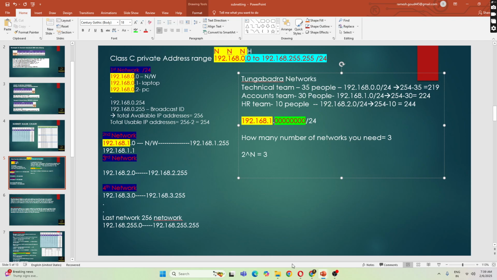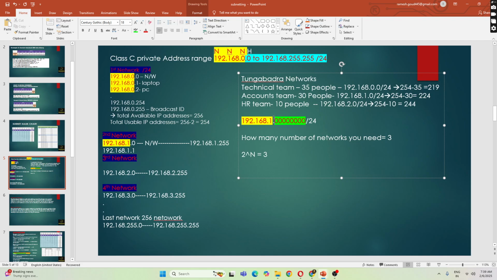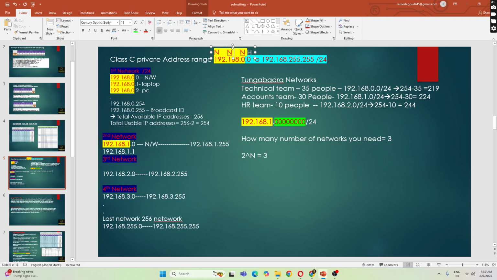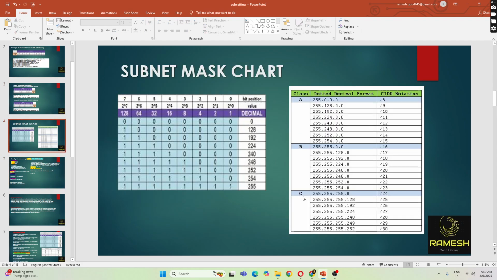I'm not converting these 3 octets into binary because all are ones already. All 3 are network octets, right? These are all our network bits. This is the host portion. Once again.